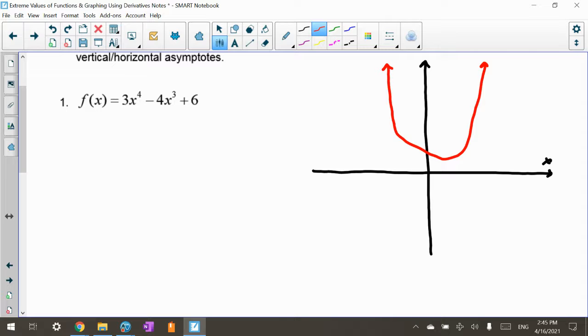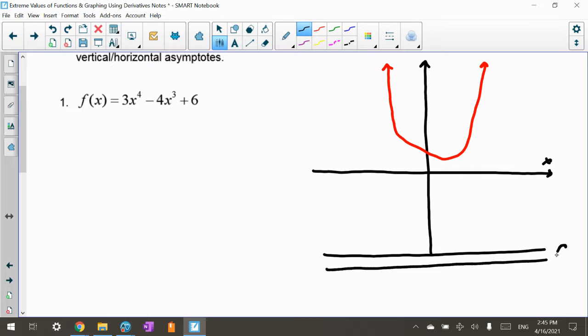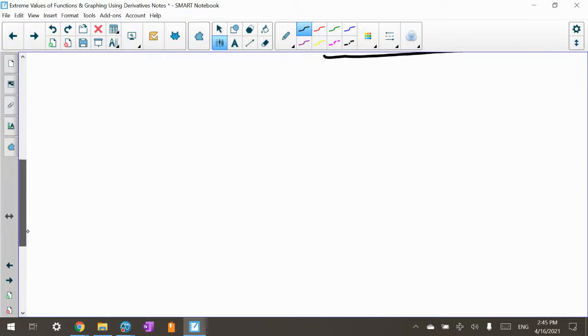And I want you to set up your F prime bar. Remember, this is your first derivative, and your F double prime bar, so set all this up, okay? And underneath this, before we do any of this work, we are going to set up everything we're going to do. We're going to find critical points, okay? And this is how it'll be like on a quiz.